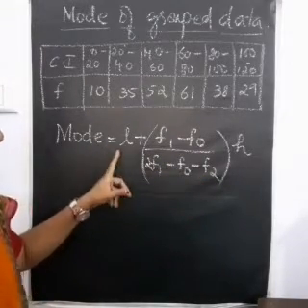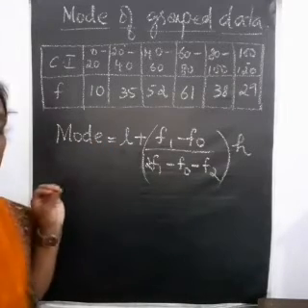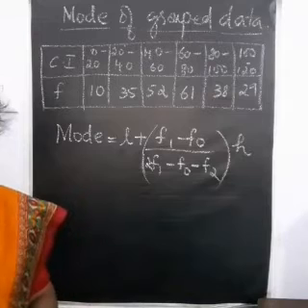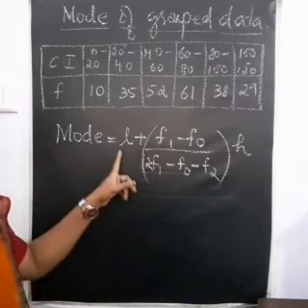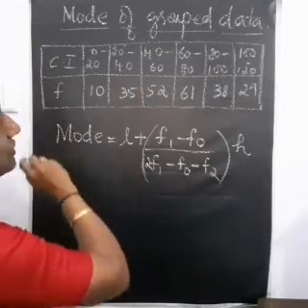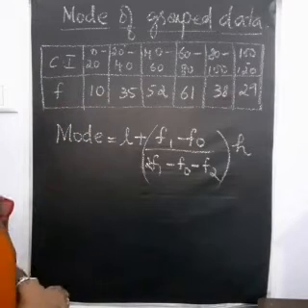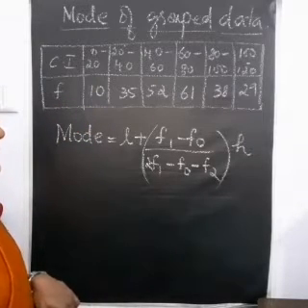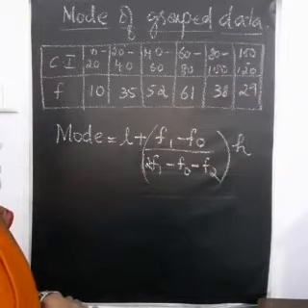Now what is L? L is going to be the lower limit of the modal class. We have to first select the modal class. Let's say this is the sum that is given to you. The modal class will be the class relating to the highest frequency.